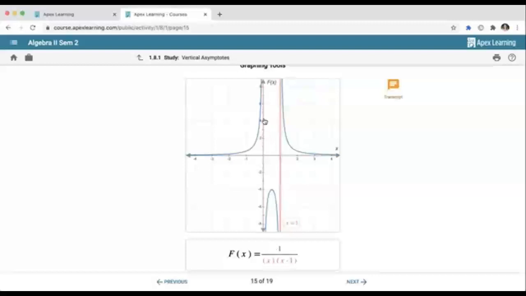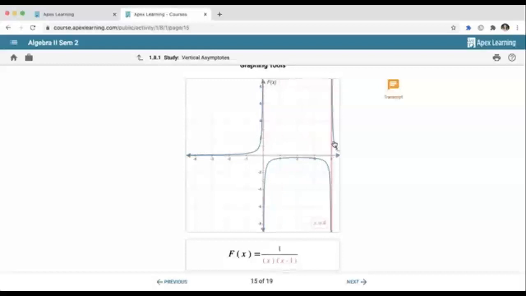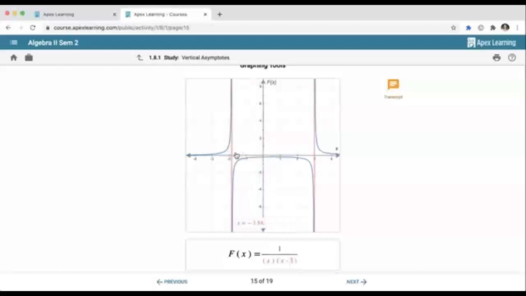So I've got a vertical asymptote at 0 because if x is 0, that would be 0, and I have 1 at positive 1, right? And again, same thing. I can move this, and if I move my vertical asymptote, it just changes that x value. But I can also move this guy, and it would also change that function.